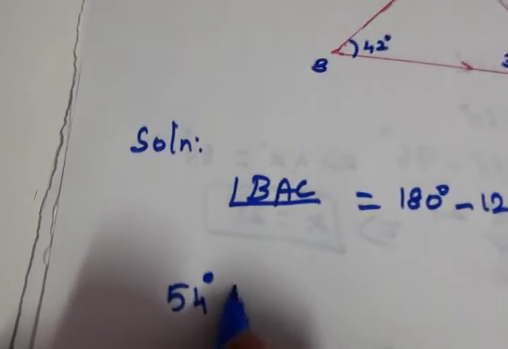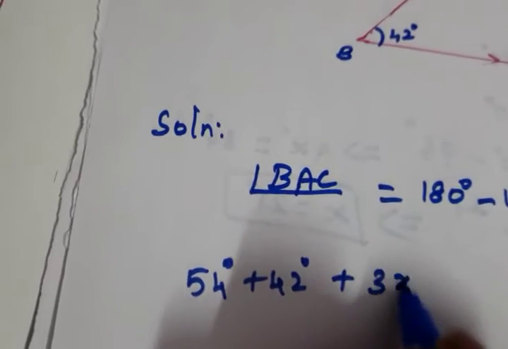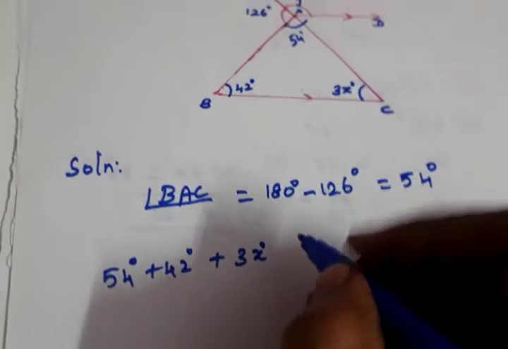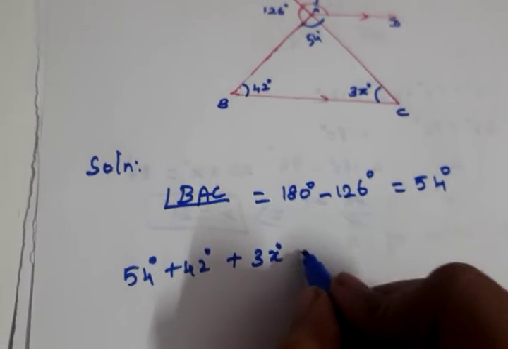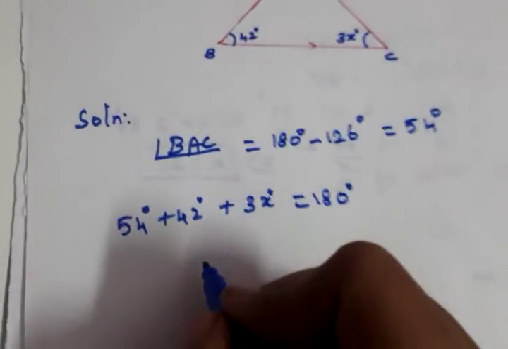Then next, 54 degrees plus 42 degrees plus 3x degrees equals 180 degrees.